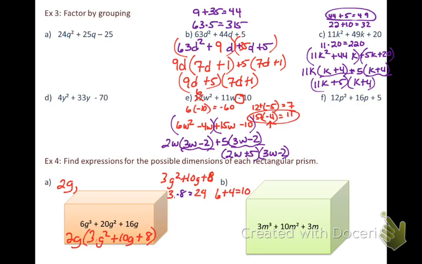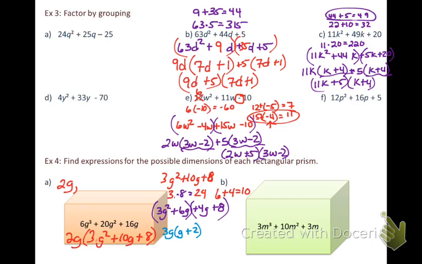So now we can do it. Let's write out our new 4 term. It would be 3g squared plus 6g plus 4g plus 8. Now I can break them up. 3g goes into both, and that would be g plus 2.